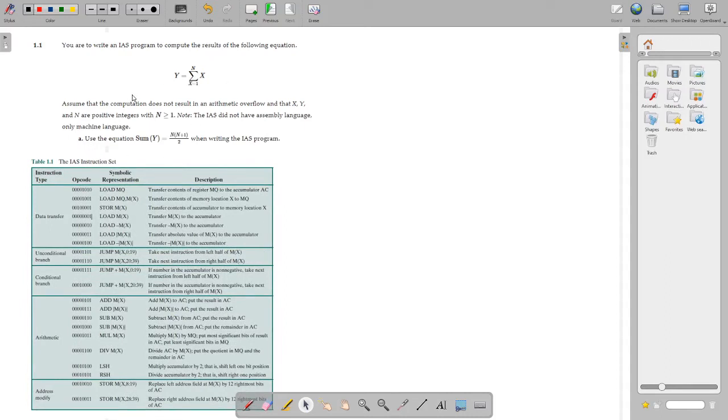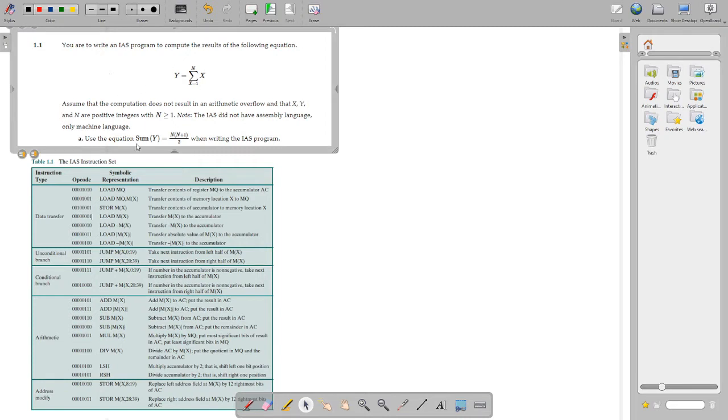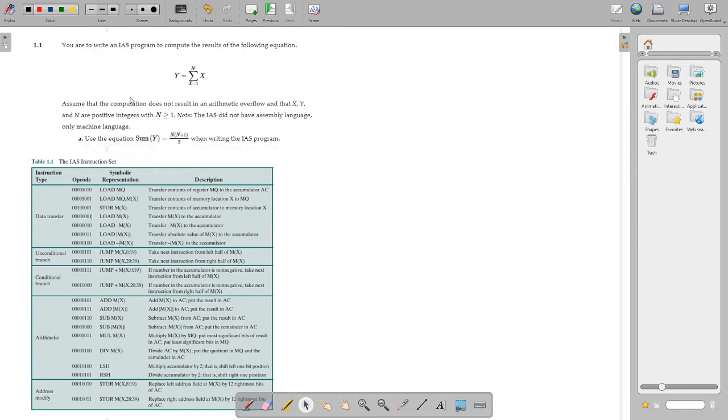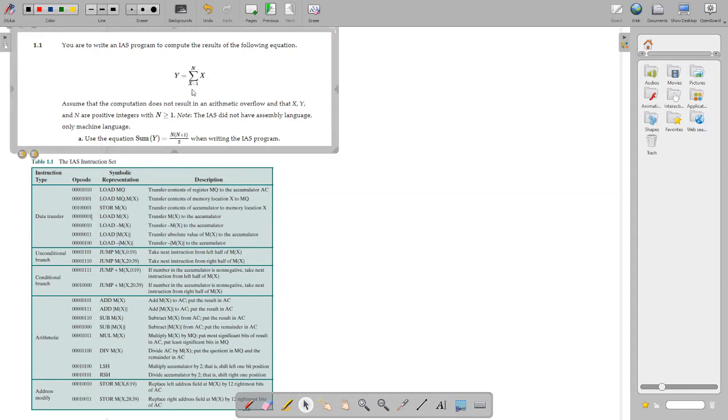So here's just a quick little example, because I think this can be a little bit confusing at first. Let's say, and we're only going to do A, B was a little bit in depth, so if you want to go try that on your own, that's fine by me. We're going to write a program on the IAS Instruction Set, which is just this machine here in the textbook, that computes the sum from 1 to n, basically.